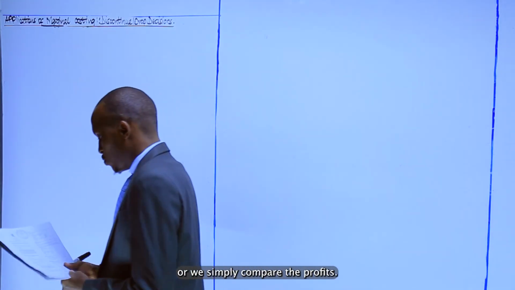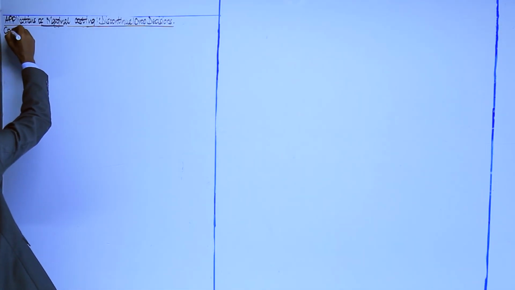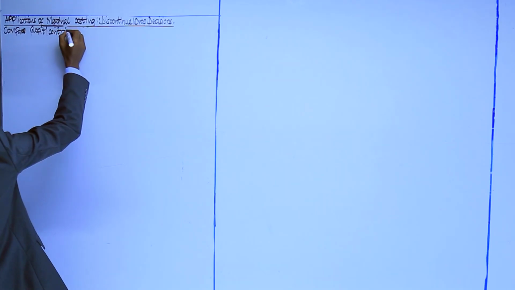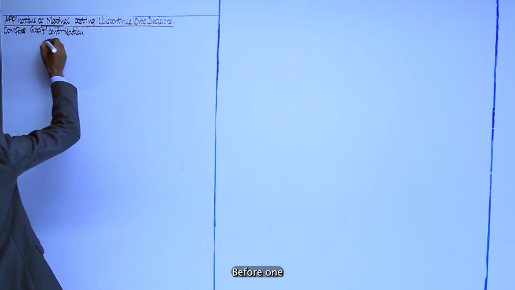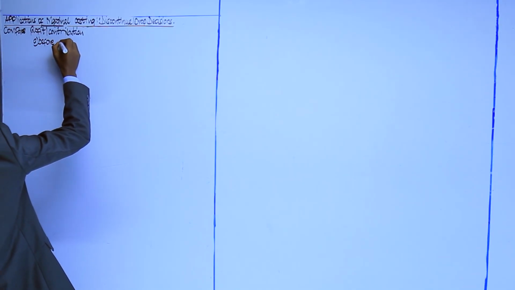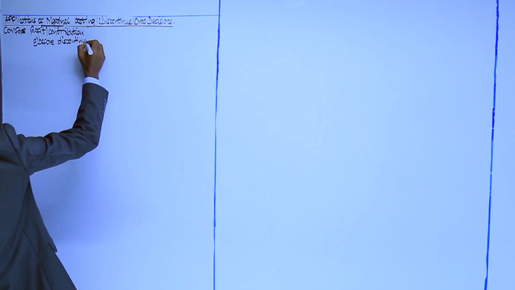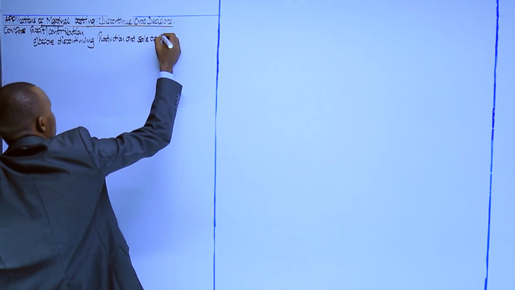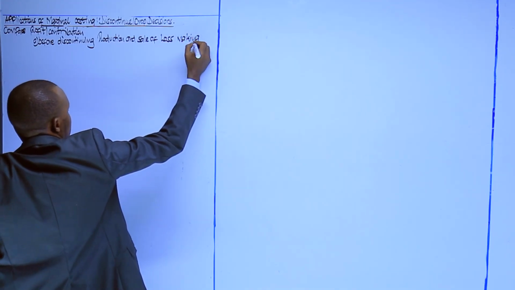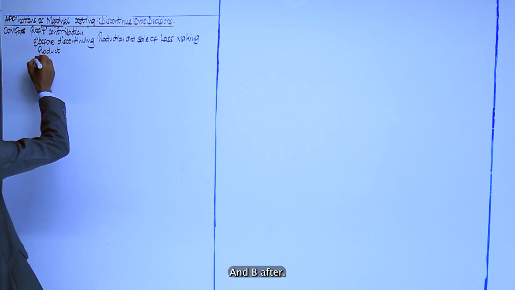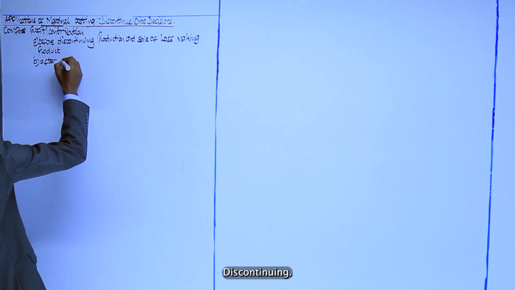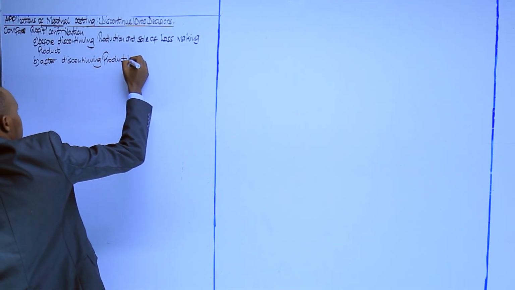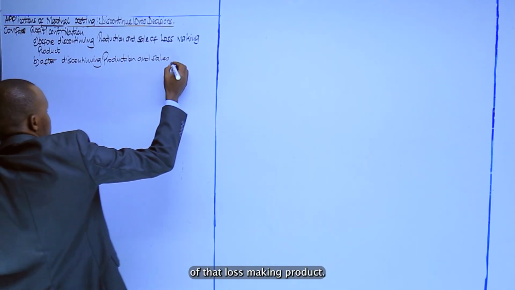So we simply compare the profits or contribution: A, before discontinuing production and sale of a loss making product, and B, after discontinuing production and sale of that loss making product.